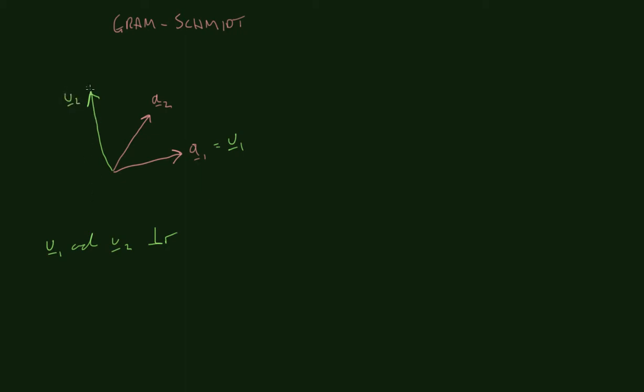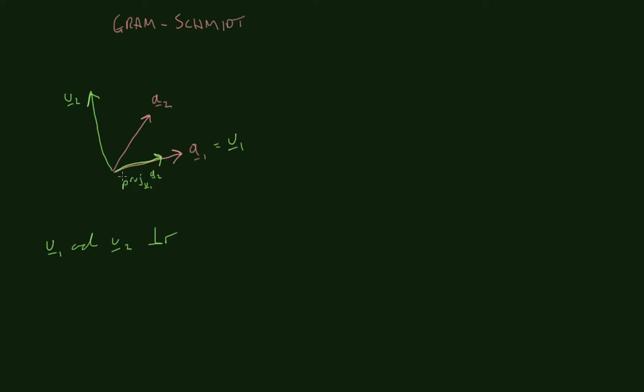So how do I get U2 from A1 and A2? Well, we use vector projection. If I project the vector A2 onto U1, I like to think of it as casting a shadow. That's the projection there.